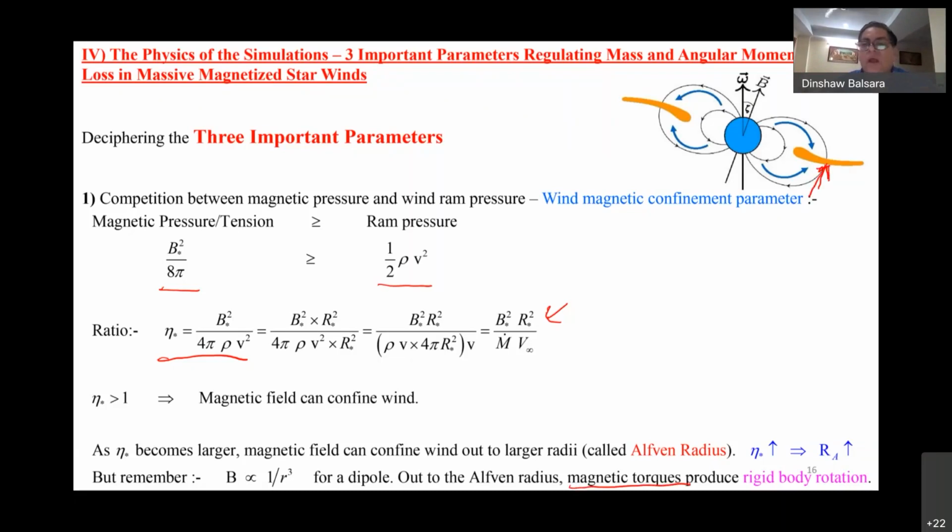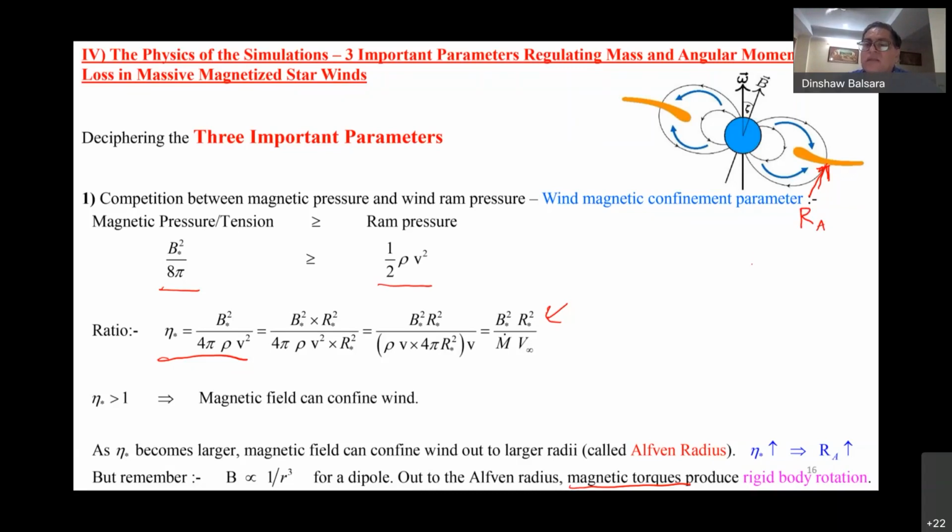So how would we calculate this radius? The answer is very simple. We realize that the magnetic field is a dipolar magnetic field, so it falls off as 1 over r cubed. So there's going to be some point at which the magnetic field becomes too dilute, and we call this boundary the Alfvén radius.